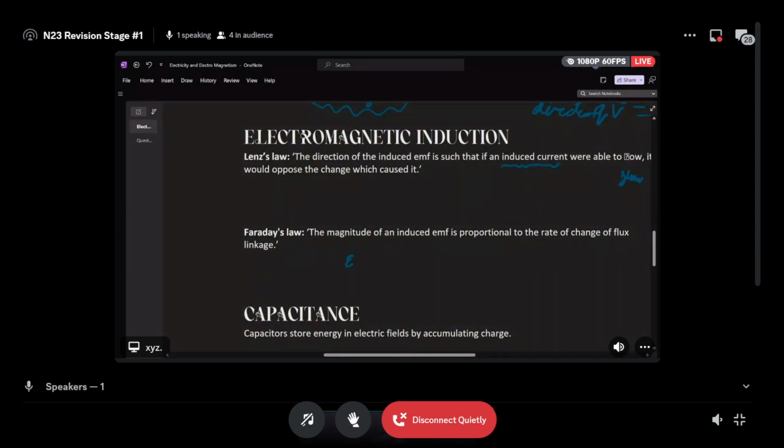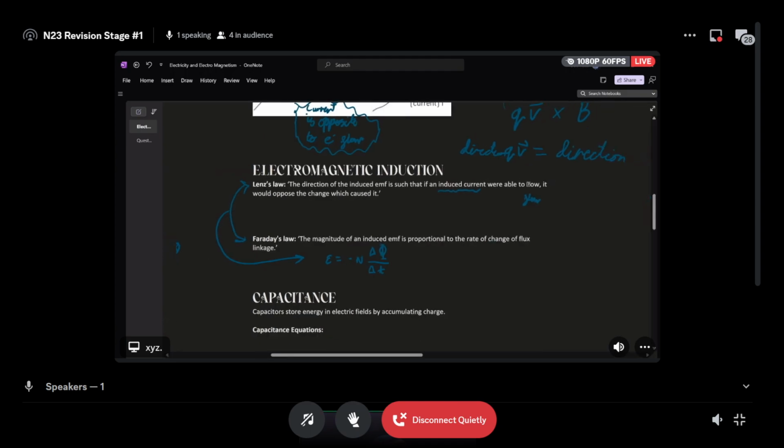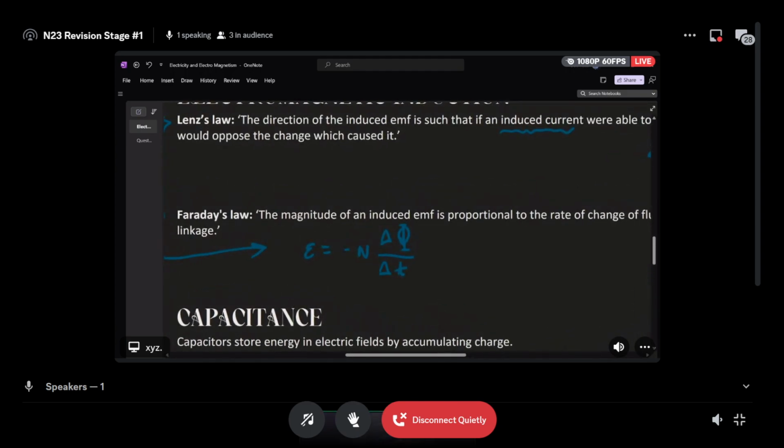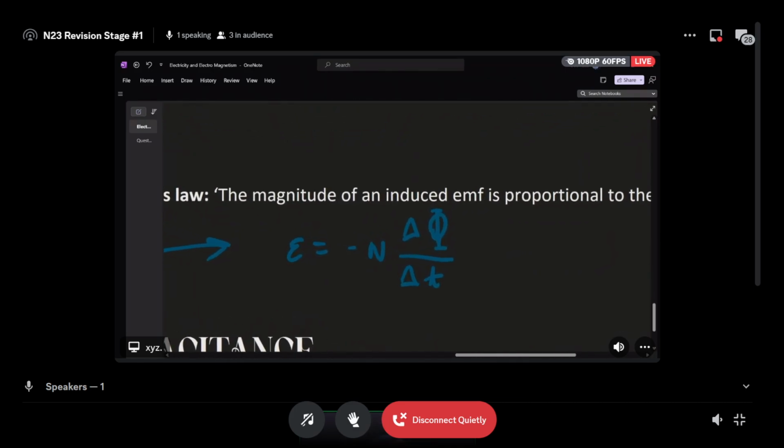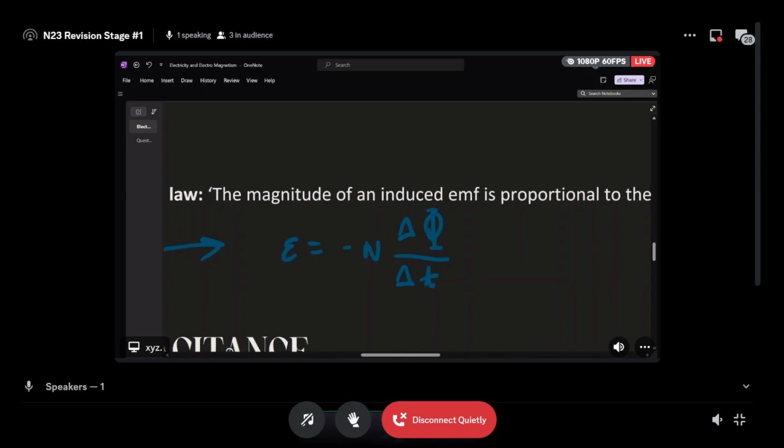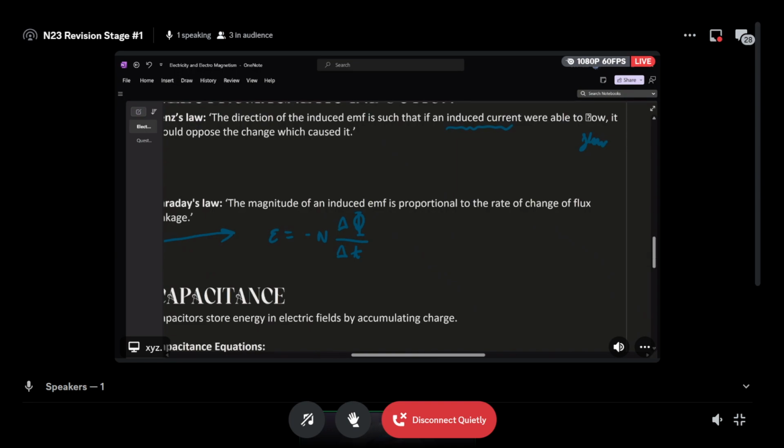And this is the equation that we get as a result of both of these laws. The flux is denoted by phi. This is the rate of change of flux, and N represents the linkage. You can pull N in and out of this rate of change because N is a constant with respect to time. Unless N is changing over time, it doesn't matter.